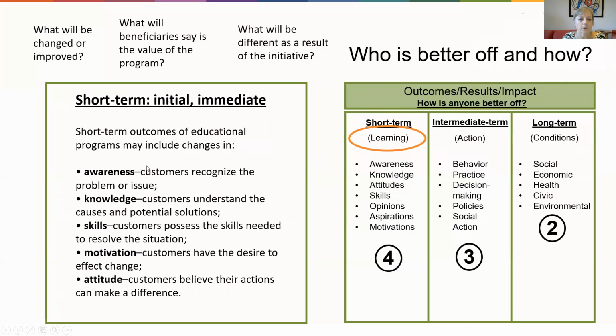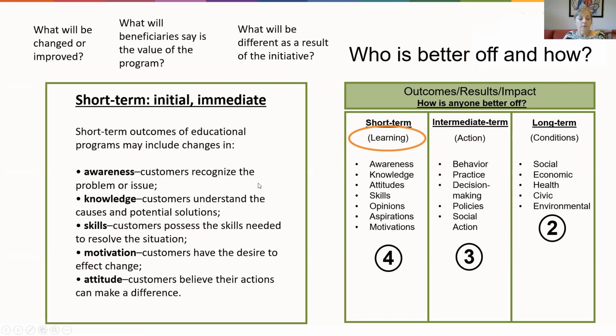So short-term outcomes may include a sense of awareness, so customers recognize the problem or issue. So in the teen smoking example, they recognize that there's a health issue with smoking. The knowledge: customers understand the causes and potential solutions.